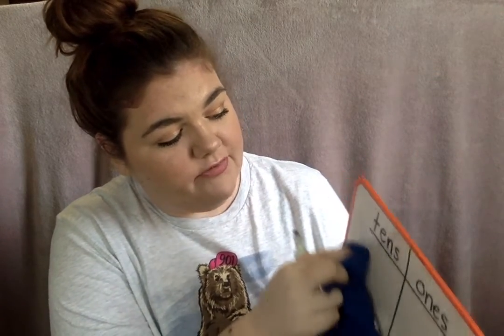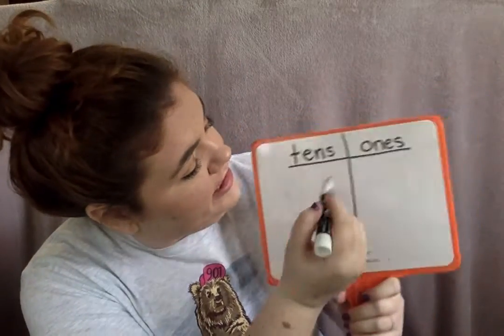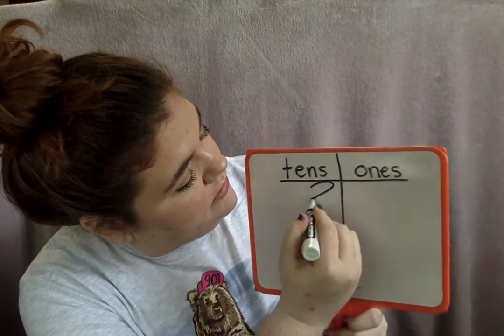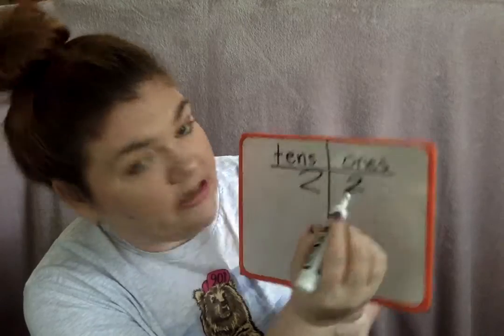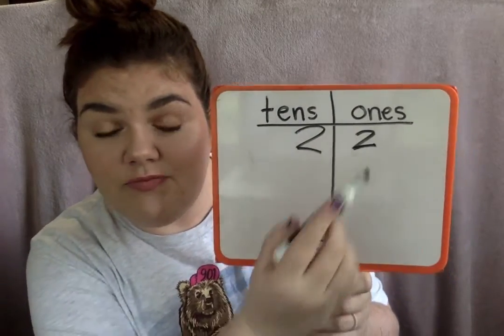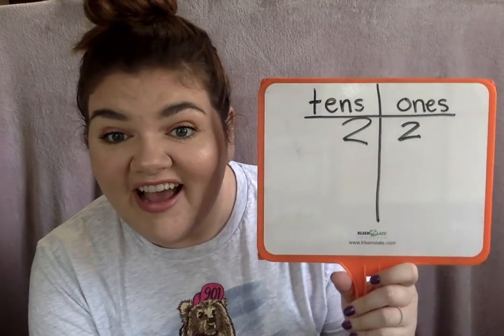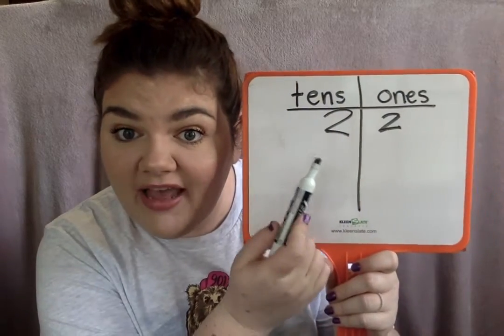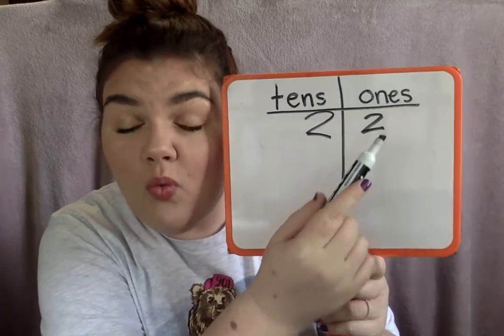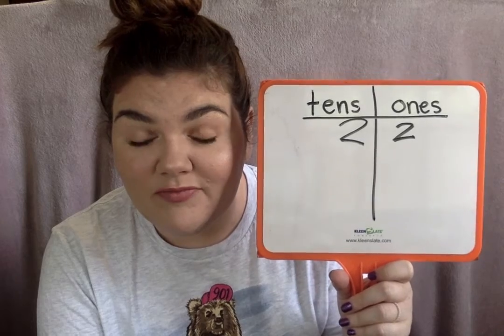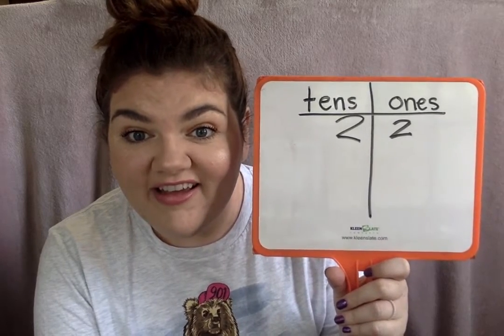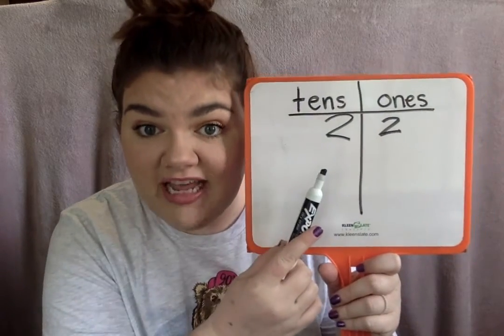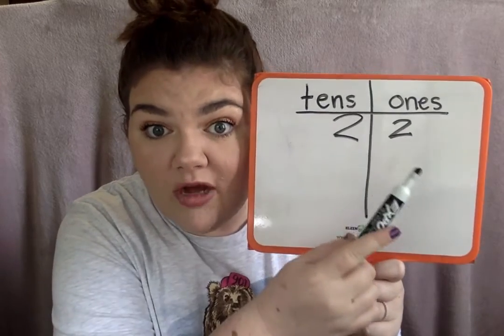So I need to put a 2 here and a 2 here. So I have 22. So Princeton K, how many tens do I have? And how many ones do I have in the number 22? Yeah, I have 2 tens and 2 ones.